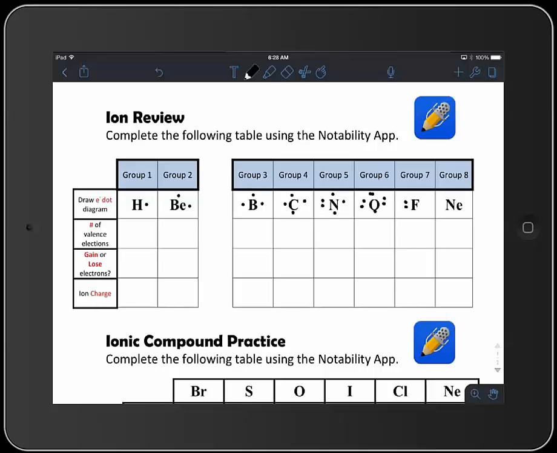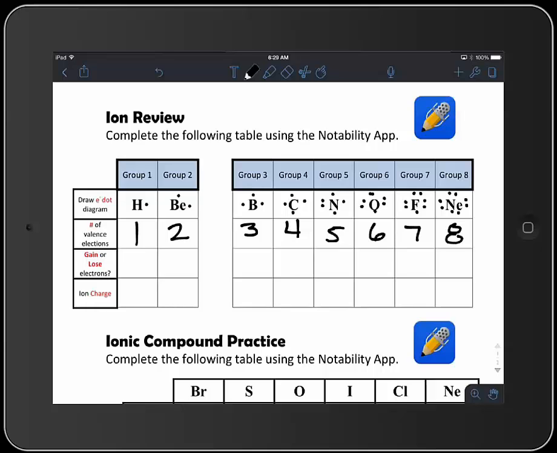And then group 8 has a full electron dot diagram of 8, because remember, everybody's trying to get to 8. And then the number of valence electrons are 1, 2, 3, 4, 5, 6, 7, 8. Because remember, when we do the electron dot diagrams, the dots represent the valence electrons.